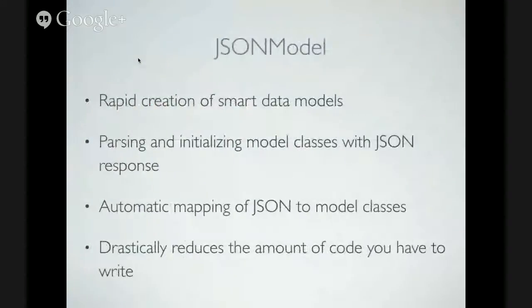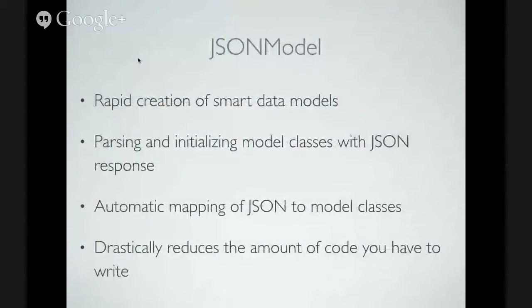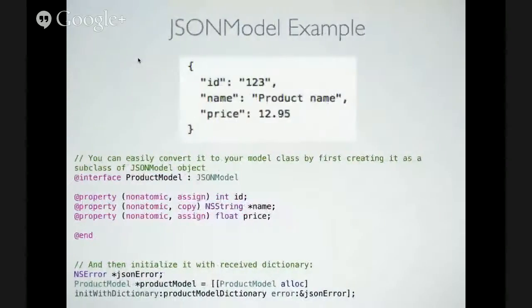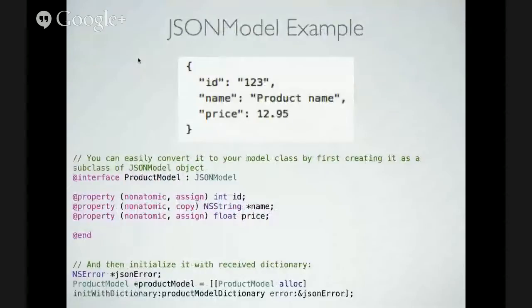The second library I would like to talk about is JSONModel. It is used for fast creation of smart data models from JSON responses from the server. It can automatically map JSON to your model classes, and that means that it will drastically reduce your code and the time to code your app. Here is the most simple explanation.